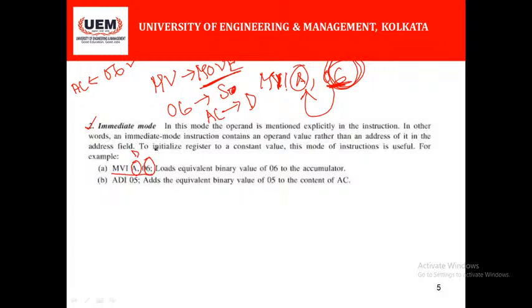This is the destination, this is the source. Is the source directly or immediately specified? Yes. That's why it is in immediate addressing mode. I stands for immediate. Similarly, ADI 05 means we are adding the data 05 with the content of the accumulator, and the result will be stored in the accumulator.